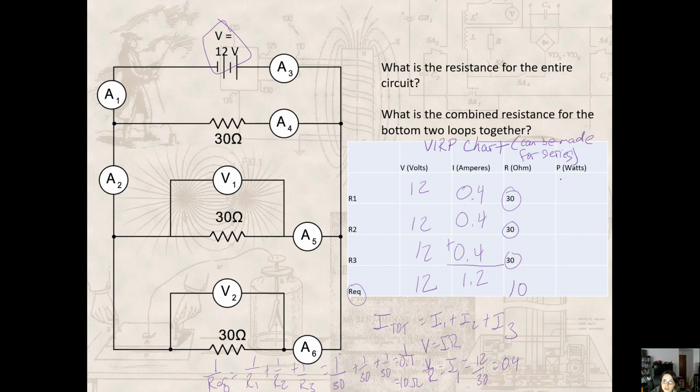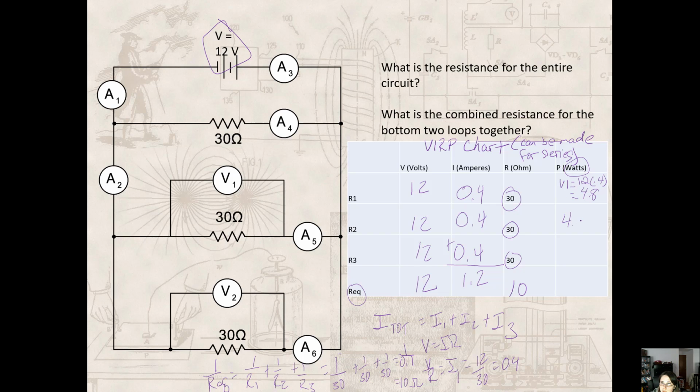And then power is just V times I. You could use the resistance one as well, but that's the first one, and it's pretty simple, so we'll do that. So it's 12 times 0.4, and that's 4.8 watts.